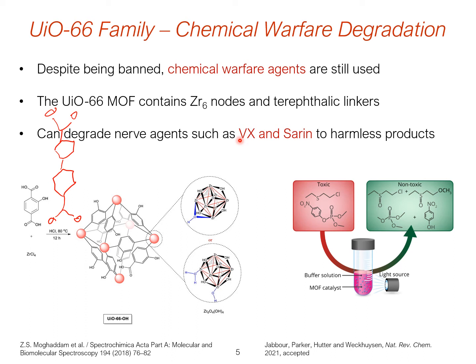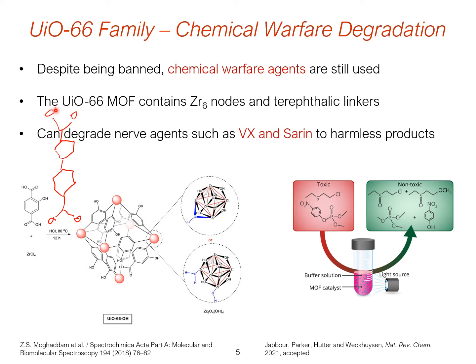They've actually been using VX and sarin in cities on civilians, which is horrible because these kill you very quickly and very nastily. So the research that's being done at the moment is, if there's a chemical attack, how can we degrade these before they can hurt people?